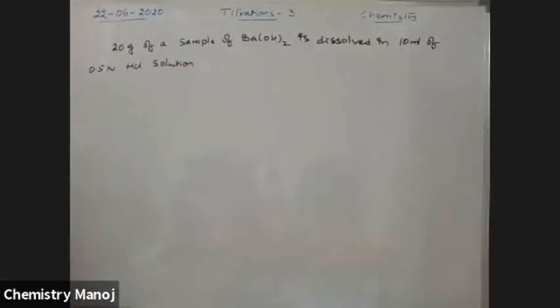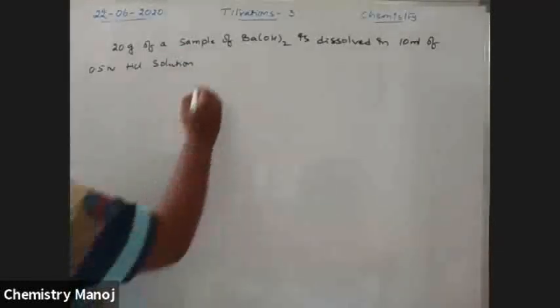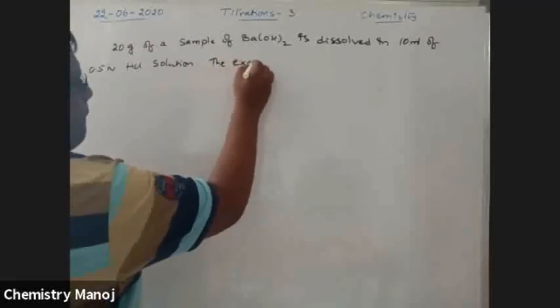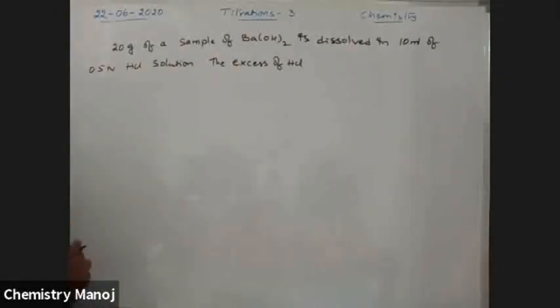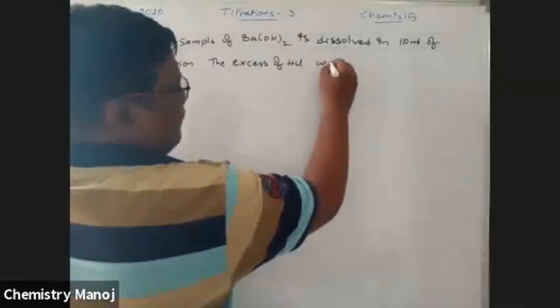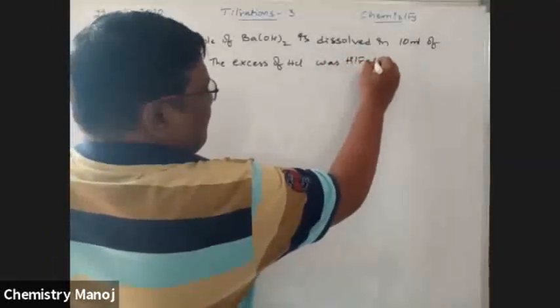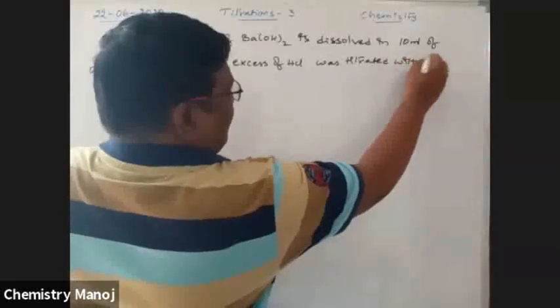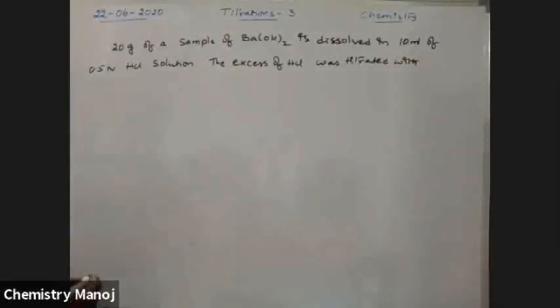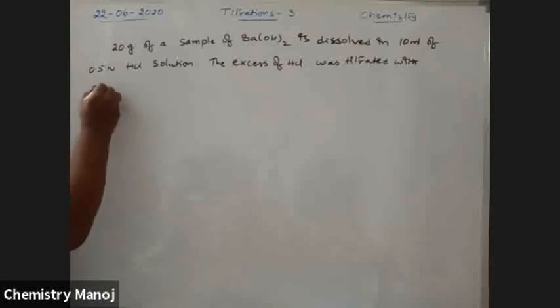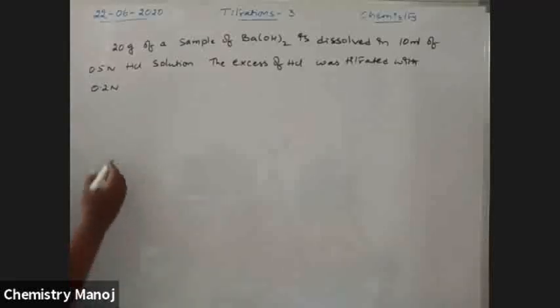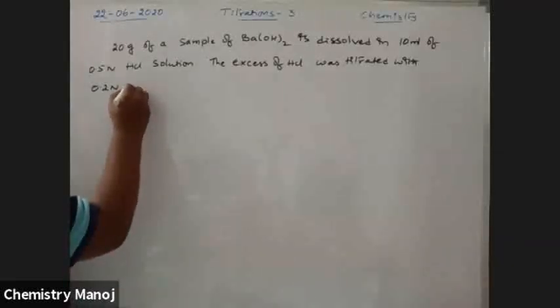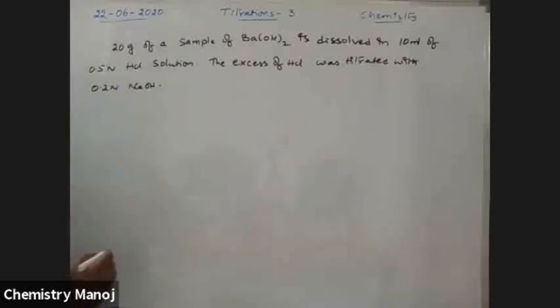The excess of HCl was titrated with 0.2 N NaOH.